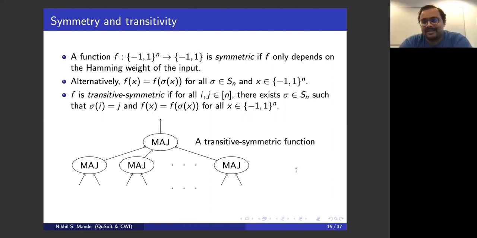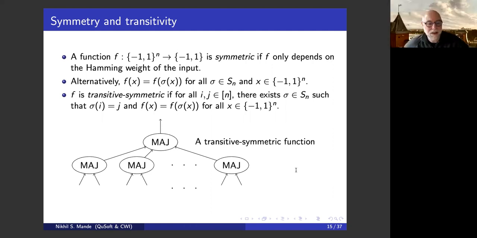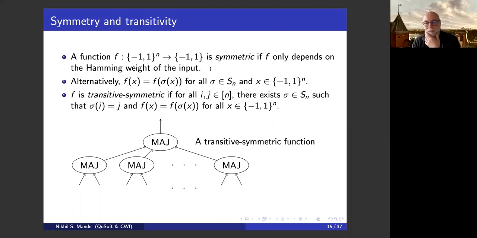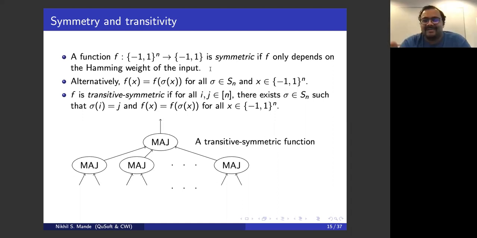I guess to capture a little bit broader class of functions like the majority of majorities, for example. That's true. I don't know why it was introduced in the first place, but you're right. It's a natural generalization of symmetry, I guess. I don't have a better explanation than that, I'm sorry. You're right. It captures a slightly broader class than symmetric functions.